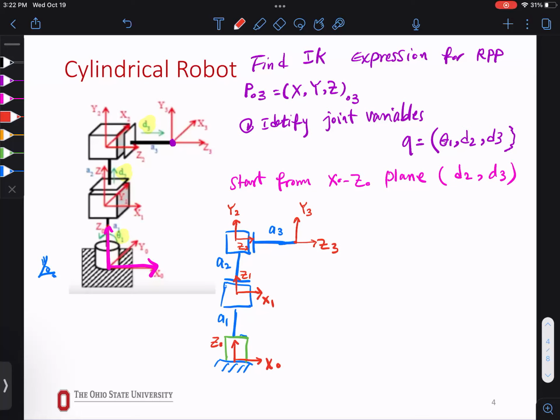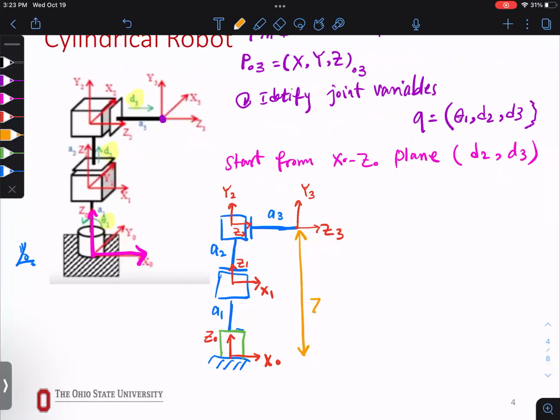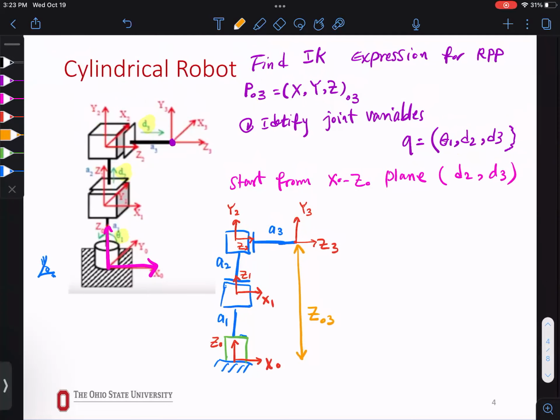Now, when we are solving for inverse kinematics, what information do we have about this configuration? So can I say this is Z0,3?